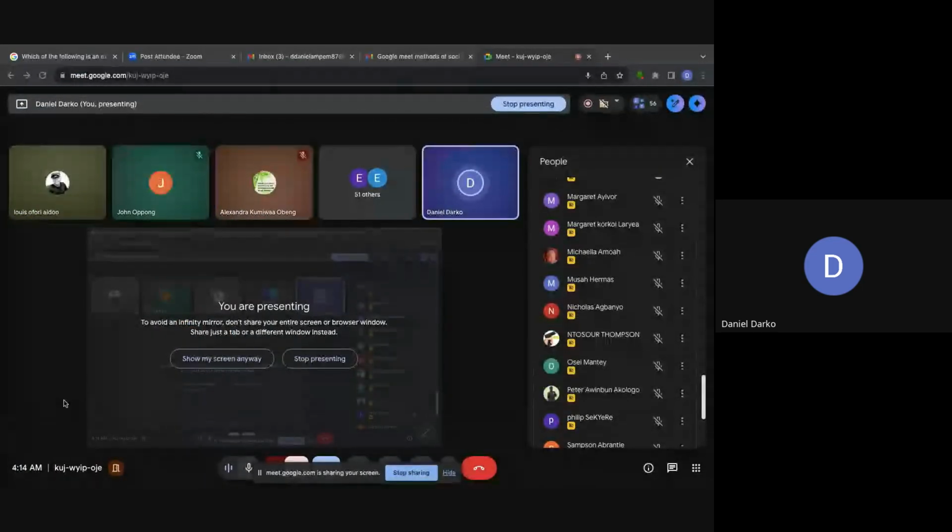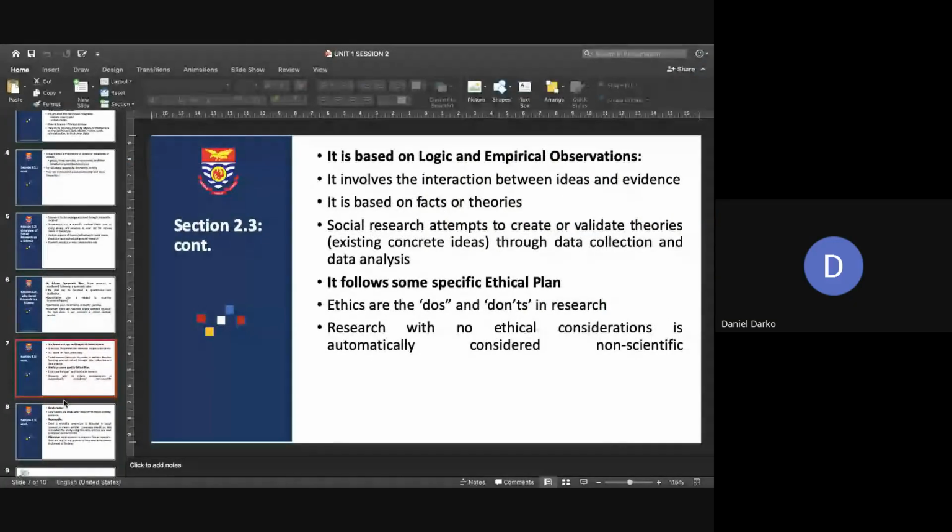So nobody sits in his room comfortably to speculate. They go to the field, and based on evidence, they speak to the truth. So we go to the field to collect data, analyze the data, and generate theories. The theories we generate are based on facts. They are based on evidence. That is why we say that social science research is a science.